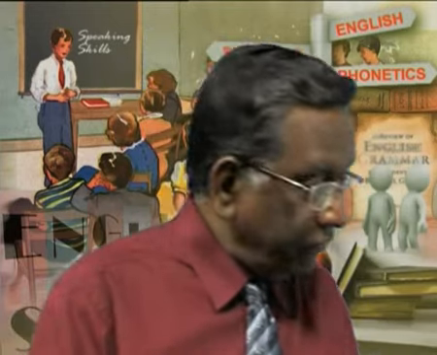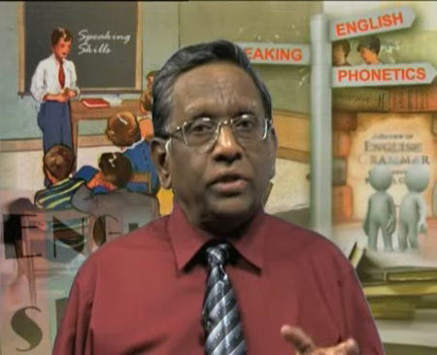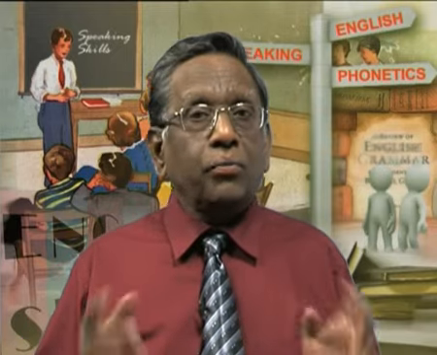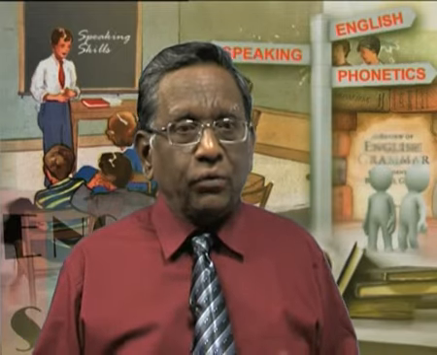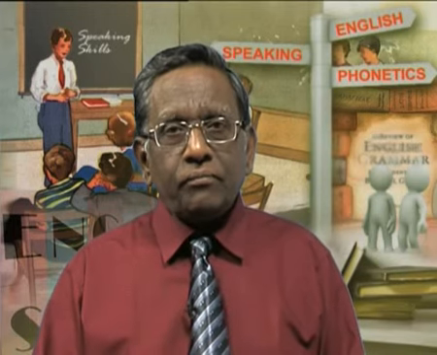So it's important for us to know what sound each phonetic symbol stands for, and when we have a doubt about pronouncing a particular word, we have to look up the dictionary and get the pronunciation right.